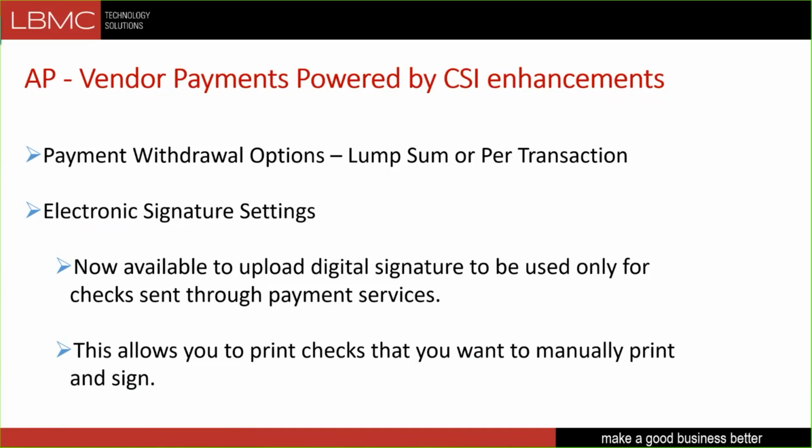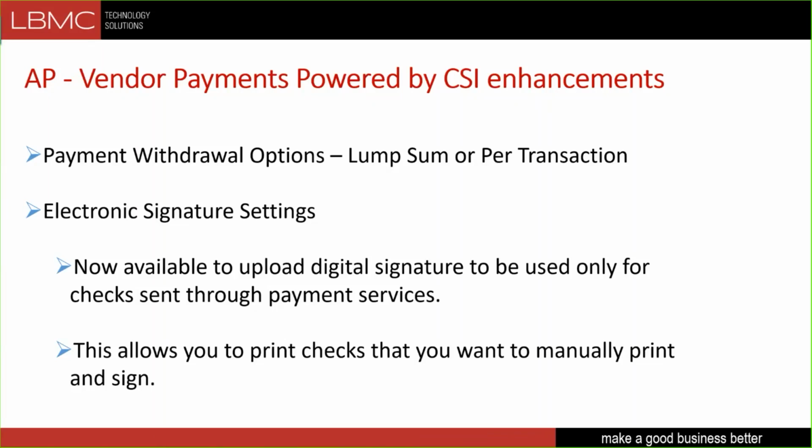This selection method cannot be changed after you set it up. So if you were part of the early adopter program and you're already using vendor payments by CSI, you'll need to log a support case to change this selection if you are interested in making a change there.